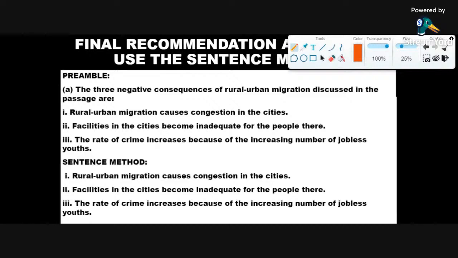I recommend that Boseman should watch this video and look into it critically to understand that there is a right way to use a preamble. There are correct ways and there are wrong ways of using a preamble. And all you need to do is to use the correct way.